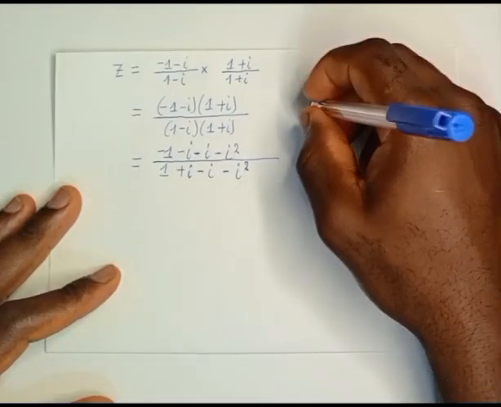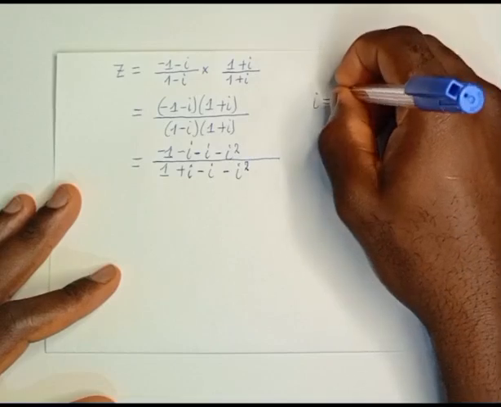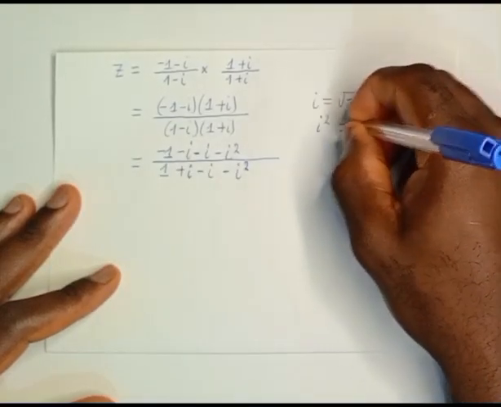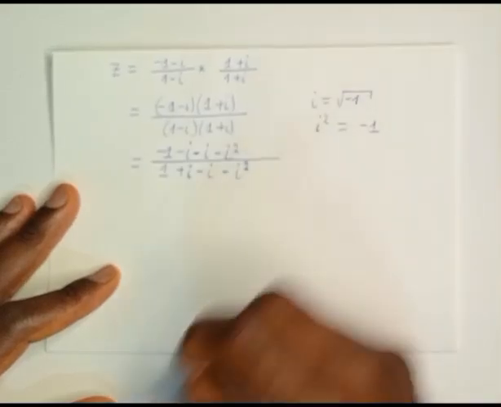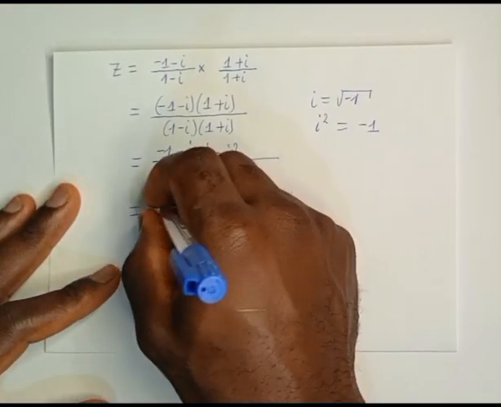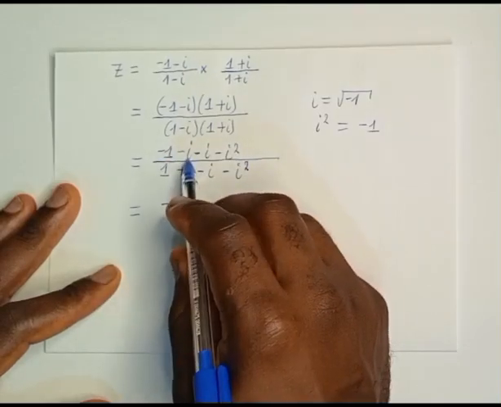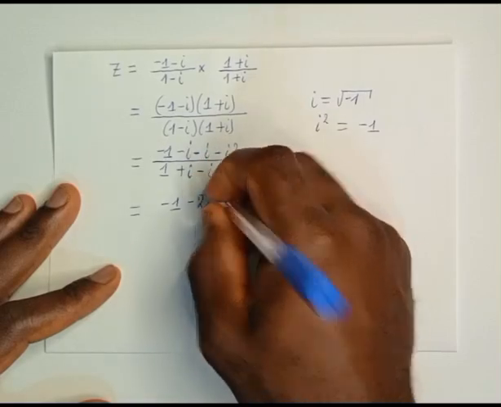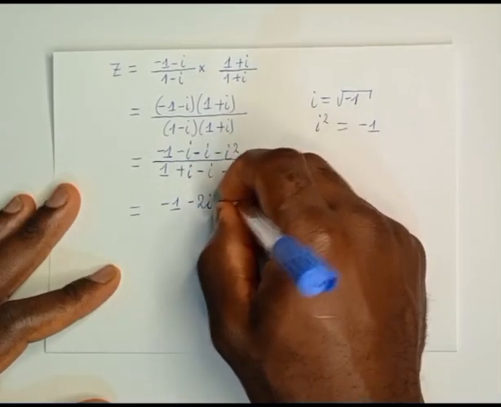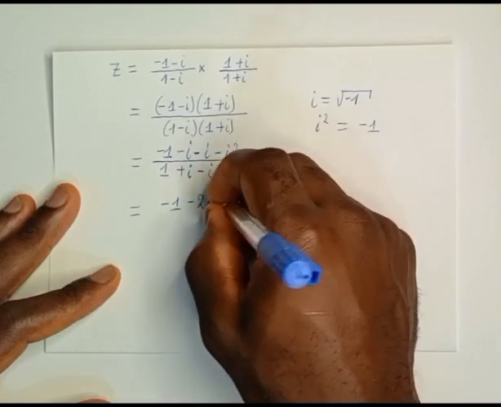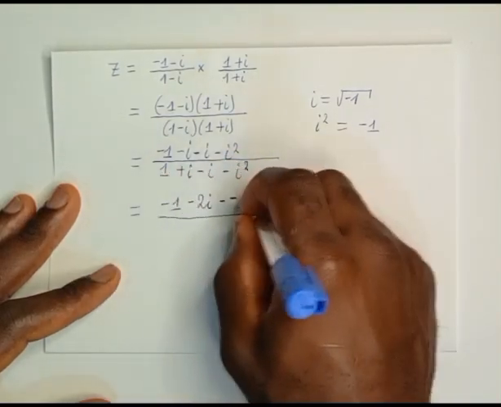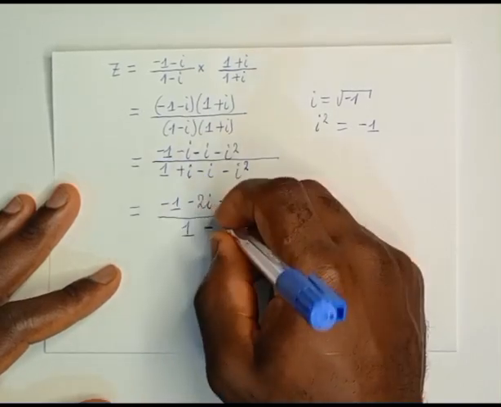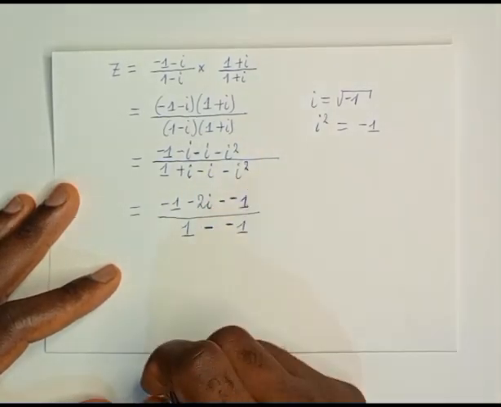Recall that i is simply equal to the square root of negative 1. If you take i squared, it will simply be negative 1. Negative i minus i gives us negative 2i, minus i squared gives us minus negative 1, all over 1 minus negative i squared. i minus i gives us 0, minus negative 1.